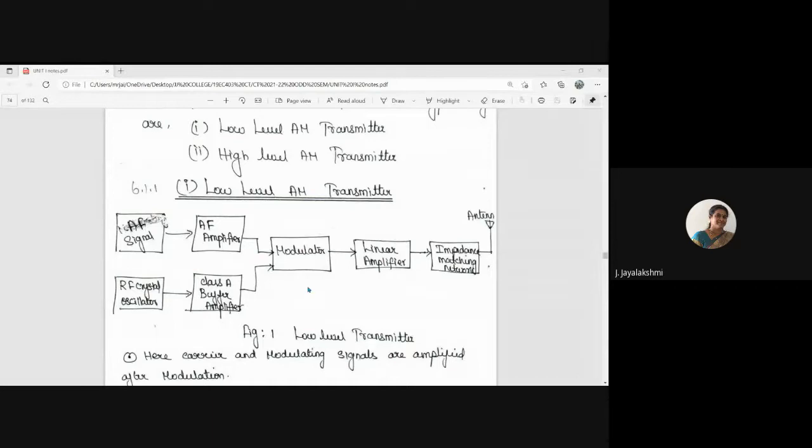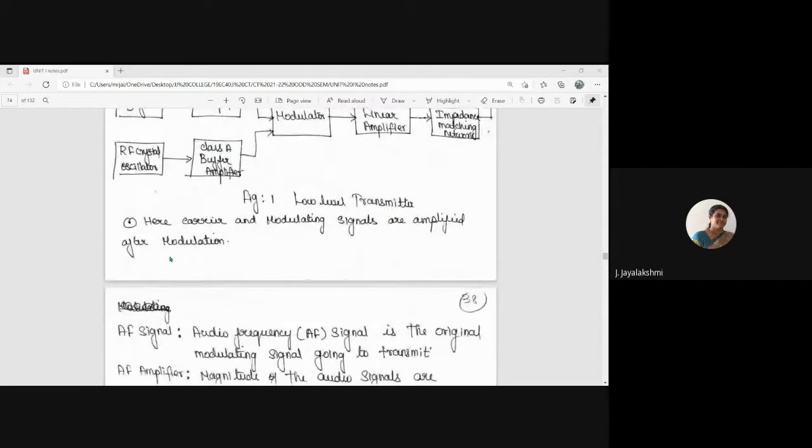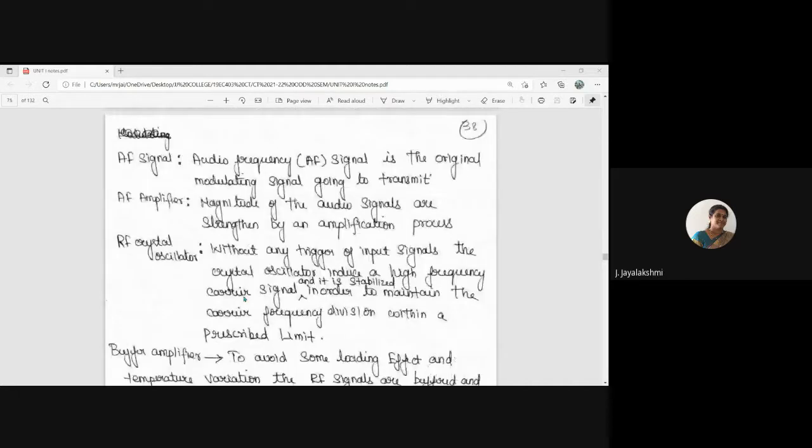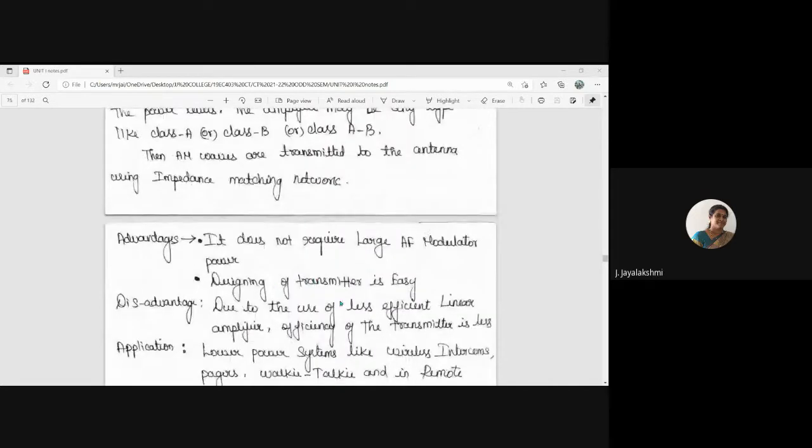This is put to a balanced modulator. This is going to be the information signal, this is going to be the carrier signal, and these get amplified and sent to the impedance matching system and transmitted. We have already discussed each and every block in the previous question.